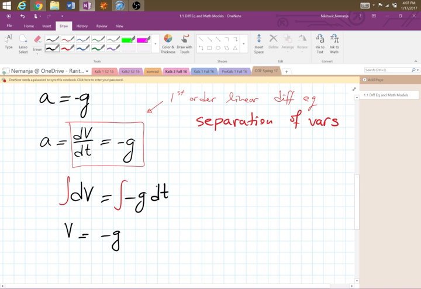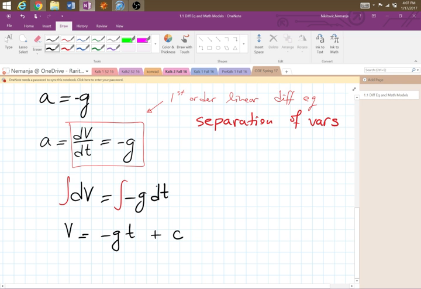Negative g, you copy that, and integral of dt is t plus some constant c. Now you might be avoiding that plus c in your calculus courses, right? But now this c is crucial. Every time you forget c is going to be devastating for the problem. So you have to get into that notion and habit of putting plus c every time you integrate.